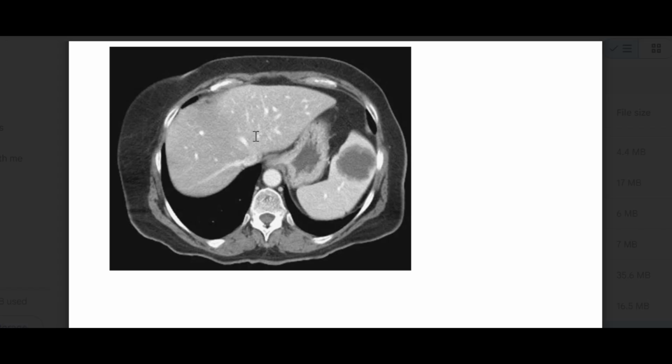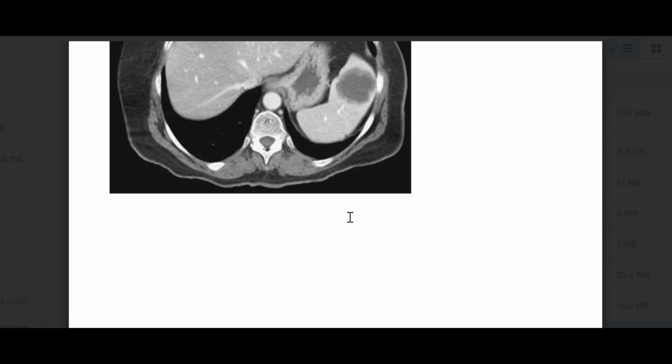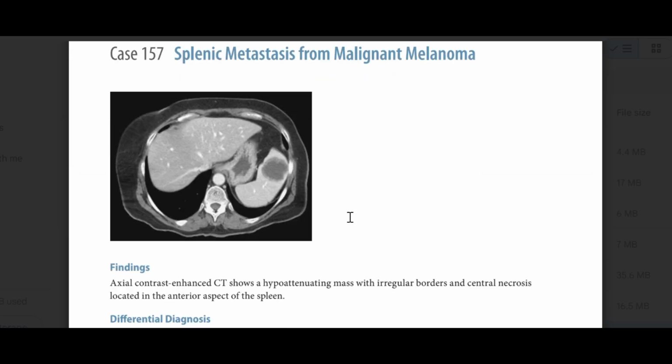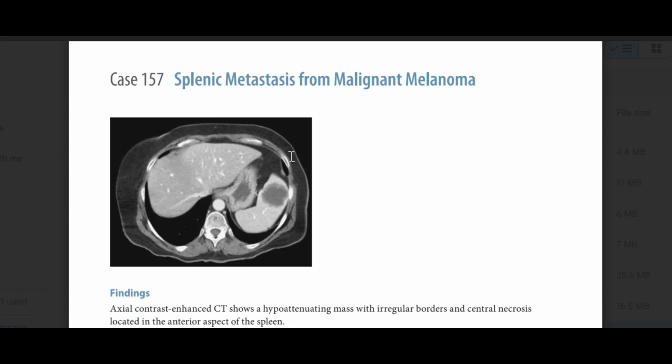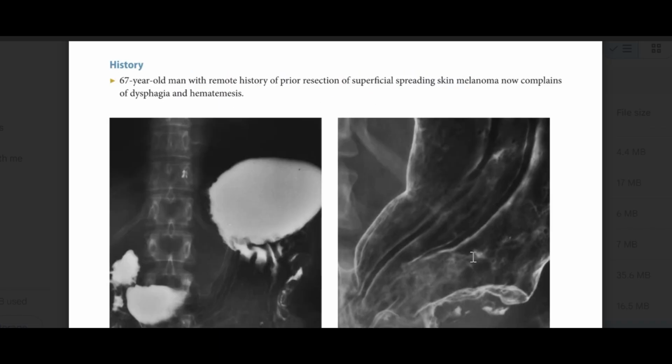And now this is an axial contrast-enhanced CT scan of the abdomen showing a hypoattenuating mass with irregular borders and central necrosis located in the anterior aspect of the spleen, most likely malignant melanoma, splenic metastasis.